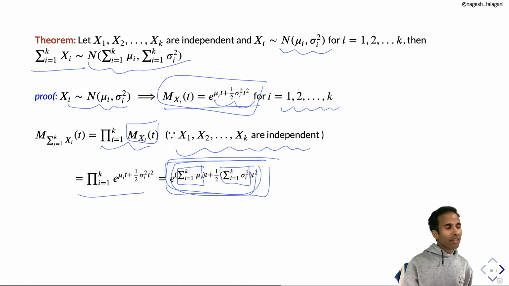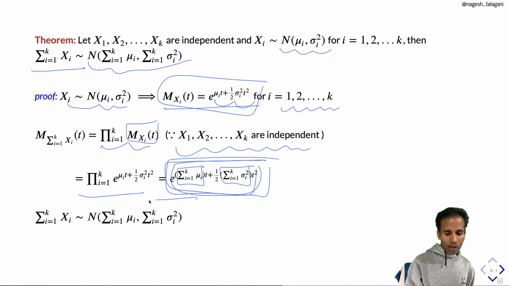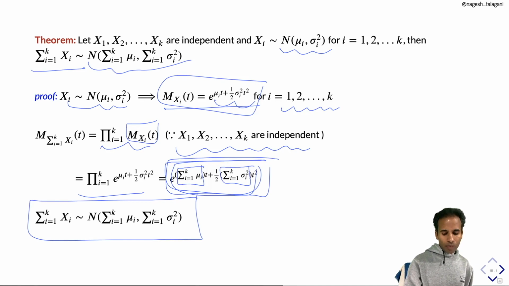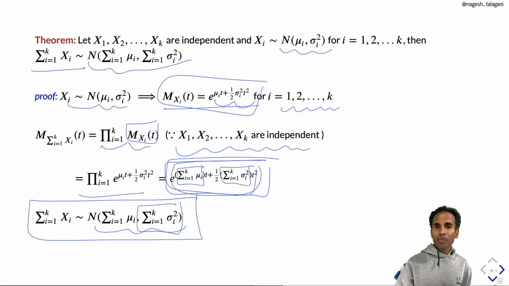So we can say that the summation Xi from i equal to 1 to k follows normal distribution with the mean parameter summation mu i and variance parameter summation sigma i square. So this theorem says that the sum of independent normal random variables is again a normal random variable.